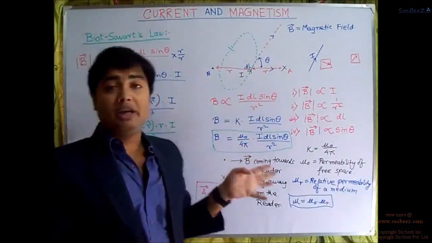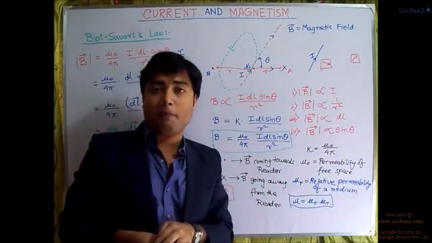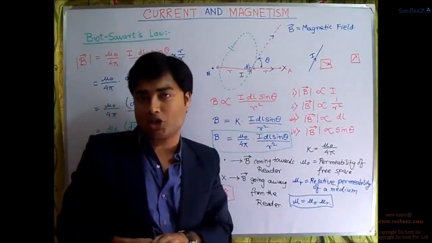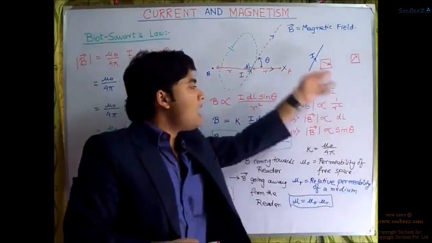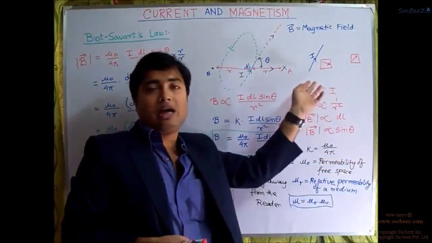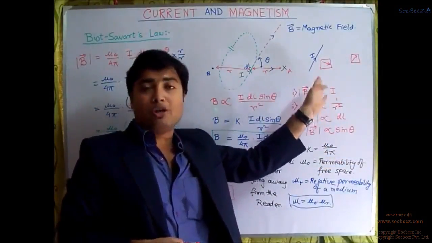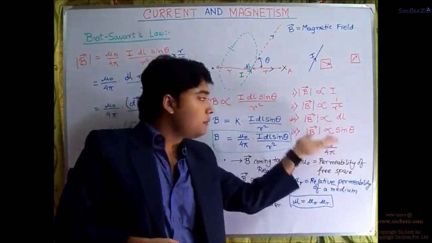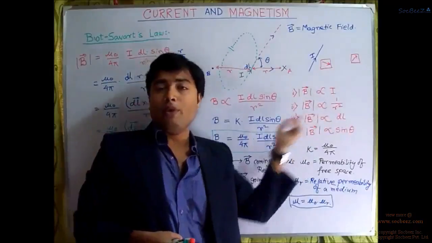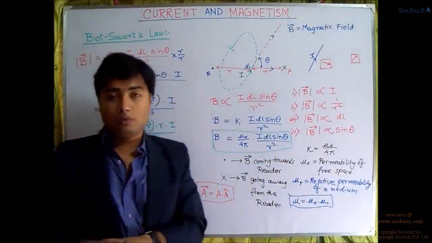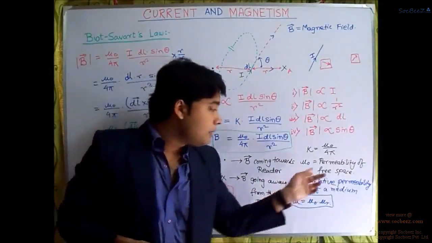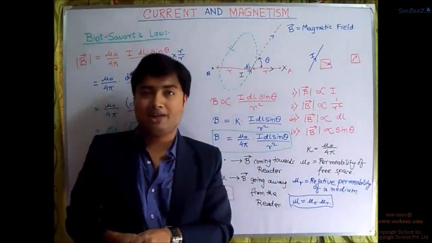Its magnitude will be mu naught divided by 4 pi multiplied by I dl sin theta divided by r square, because the Biot-Savart law tells us it is directly proportional to I, dl and sin theta, and inversely proportional to r square, where mu naught divided by 4 pi is a constant and mu naught is the permeability of free space, right?